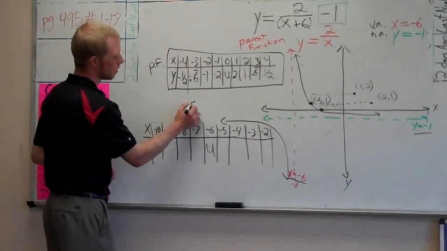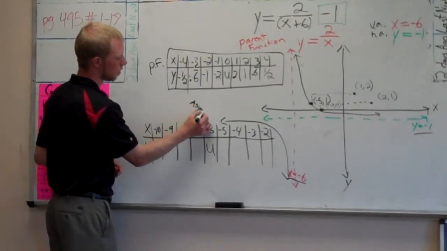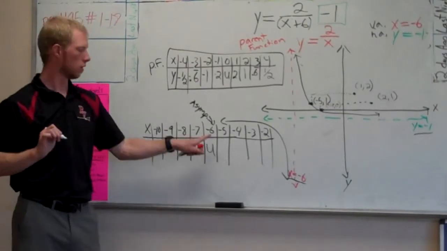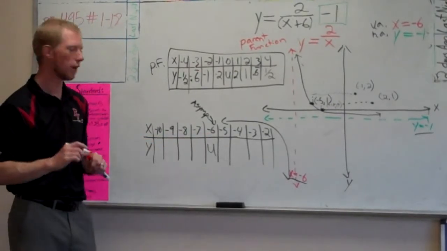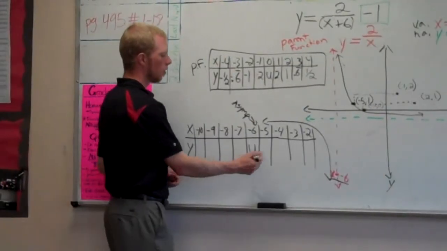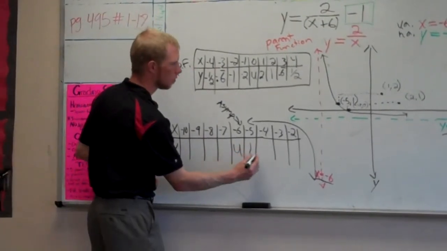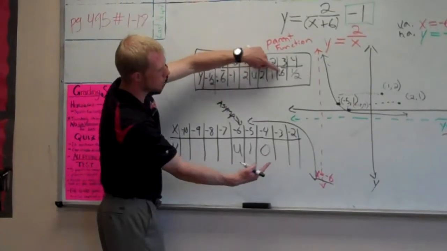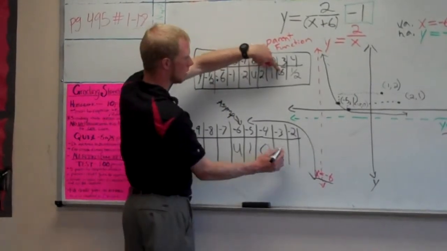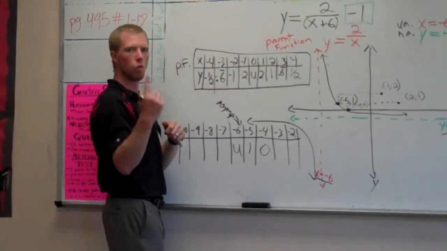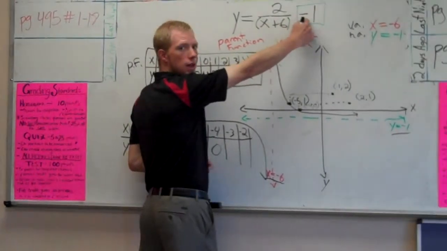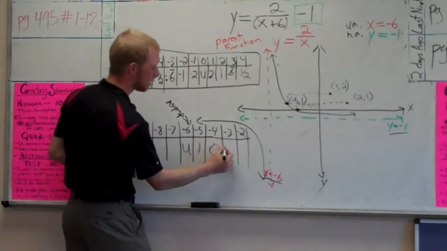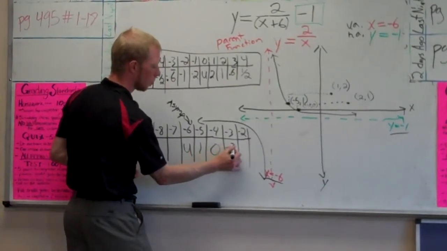Notice, this is your asymptote, the middle value, the undefined value. Then, we already did our negative 5, that was 1, this was 0, and all I would do is take my y value and subtract 1 because of this each time. So 0.6 minus 1 is negative 0.3.